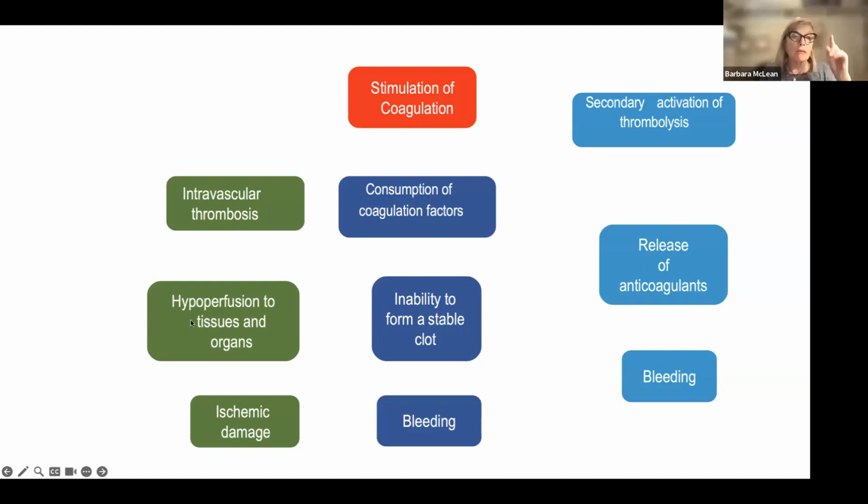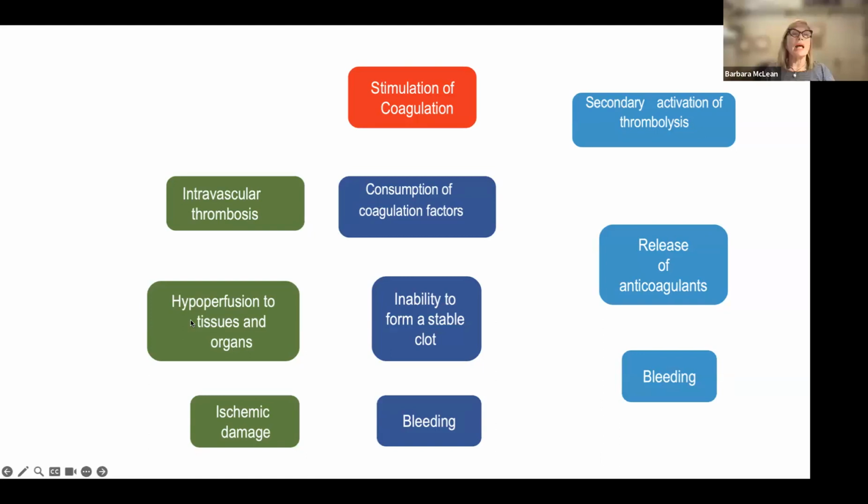So I don't want you to forget the number one issue with DIC, and DIC, remember, is a symptom, not a diagnosis. But the number one issue with the symptom DIC is occlusion to perfusion because of that intravascular thrombus that's been formed. Secondly, bleeding.